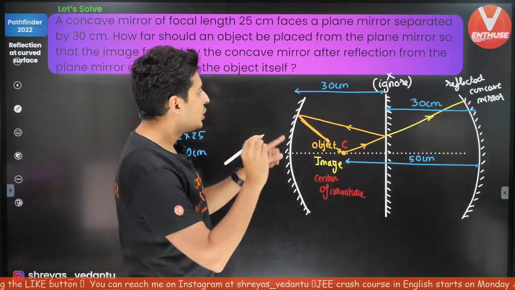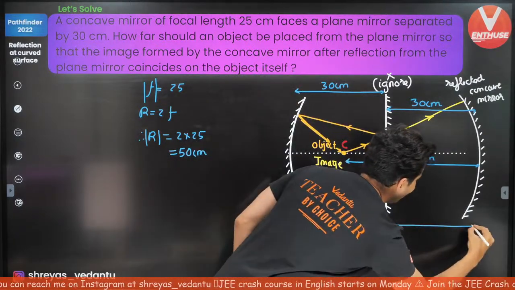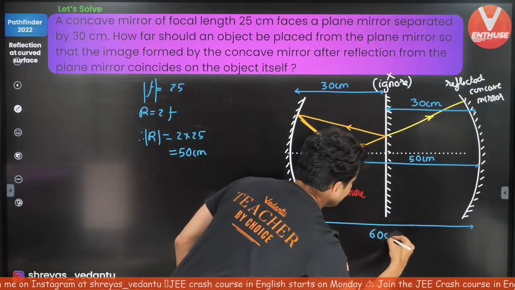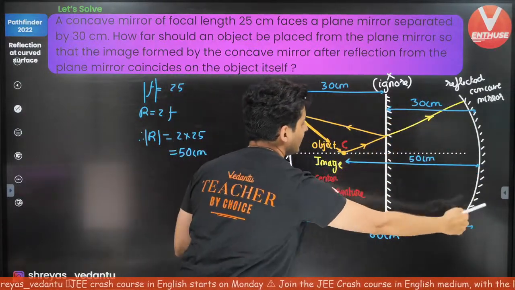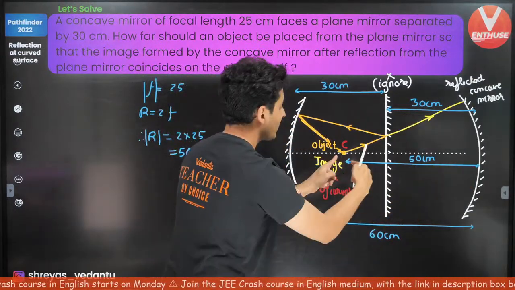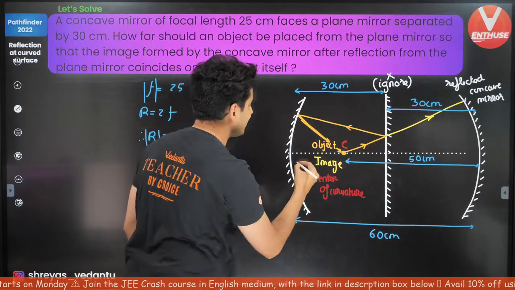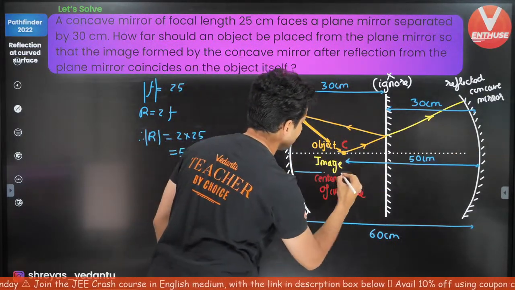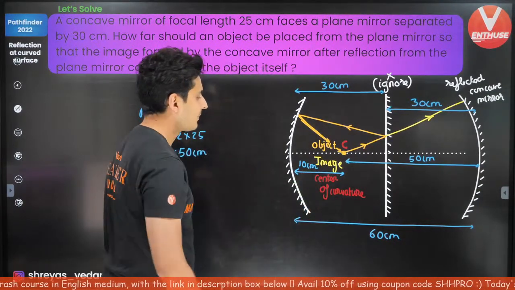Correct? Got it? So how much is the whole thing? 60 centimeters. From here till here, 30 plus 30, that's 60 centimeters. Out of that, this much is 50. So how much is this much? This much will be 10 centimeters.